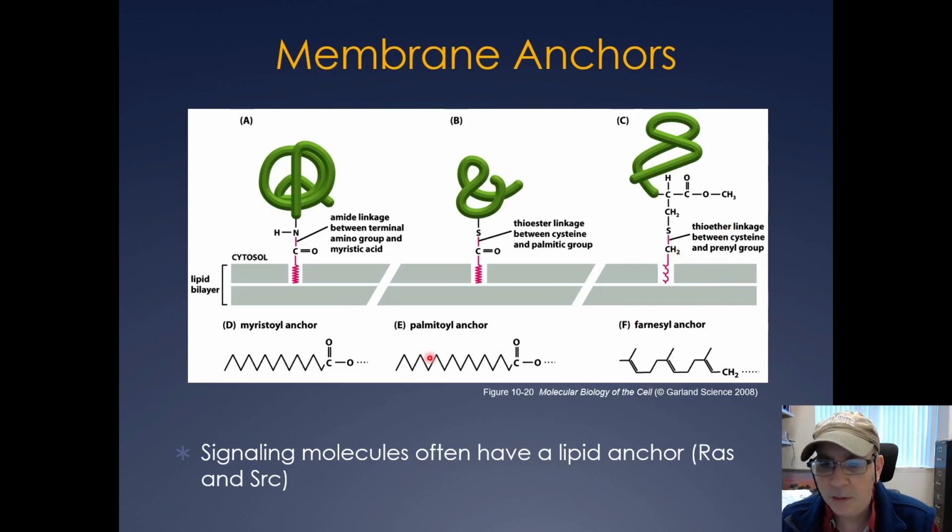And here's what these look like in the chemical structure. You guys don't really need to memorize these. I think it's just important for you to understand that there are lipid anchors that can be attached to proteins post-translationally, and these can then anchor the protein into the lipid bilayer.